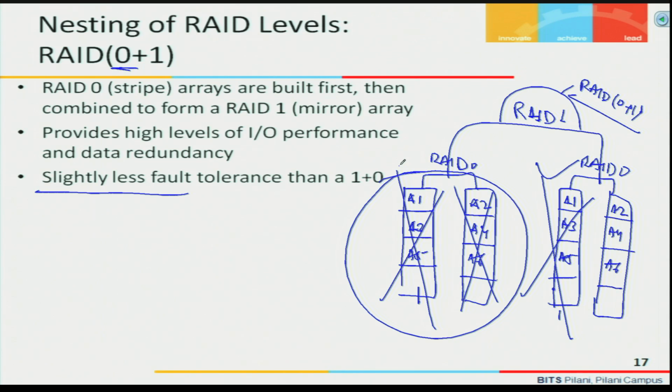If the same disks in both arrays fail, A1, A3, A5 in this case and A1, A3, A5 from this, then data cannot be recovered. So, in that sense 1 plus 0 is better than 0 plus 1 in terms of fault tolerance.